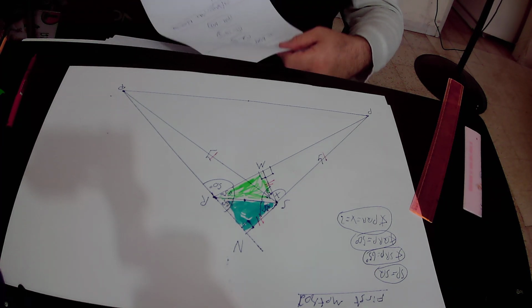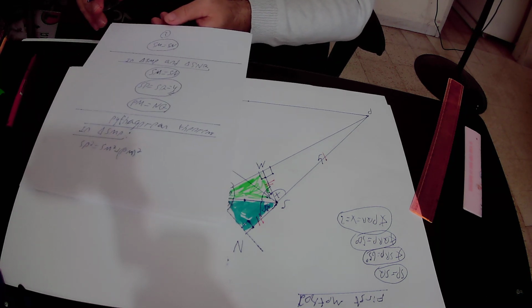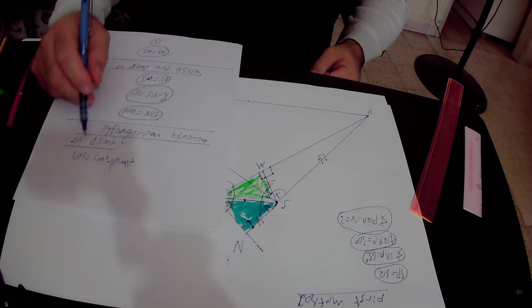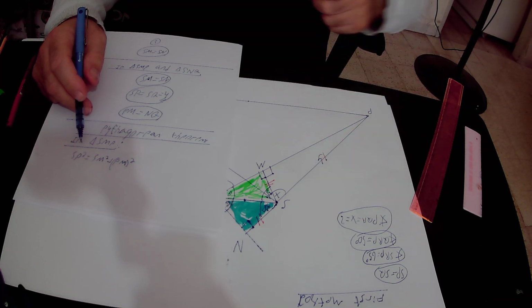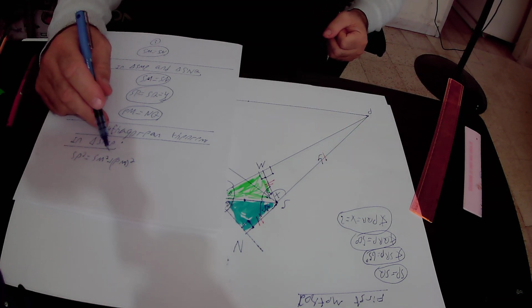Again, according to the Pythagorean theorem, in the right triangle SMP, SP square, the square of the hypotenuse, equals SM square plus PM square.